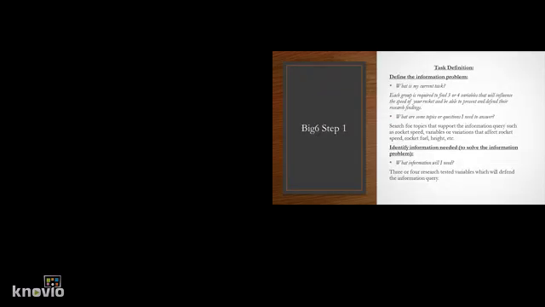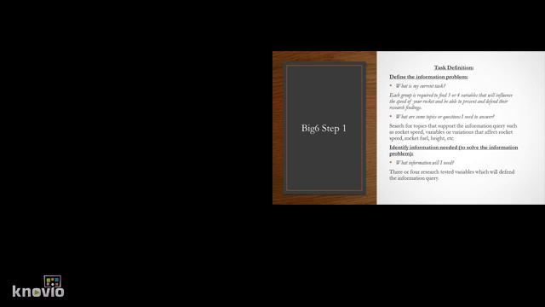Step 1 is your task definition. Miss Kennedy has asked each group to find 3 or 4 variables that will influence the speed of your rocket. You are also to present and defend those research findings.